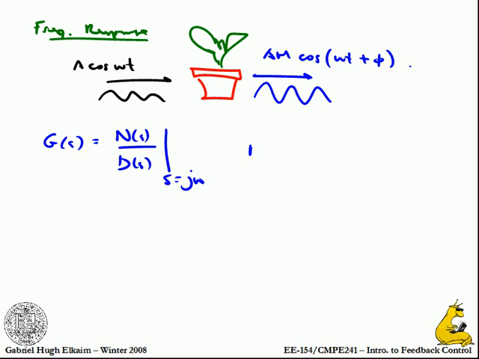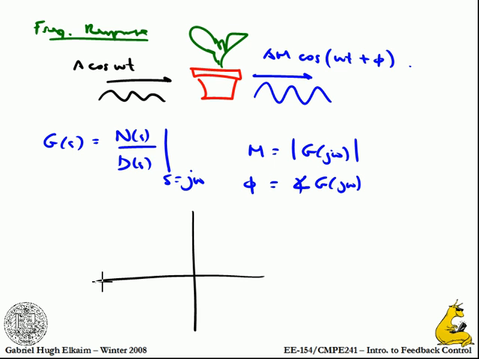And the magnitude was going to equal the magnitude of G of j omega, and the phase was the angle of G of j omega. So what we were doing was, on our complex plane, I was taking a point on the j omega axis, right, and I was sliding up and down and evaluating the magnitude and the phase of this function. Okay?